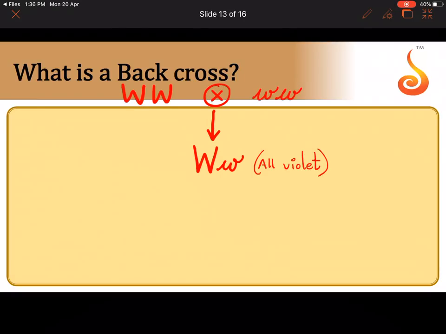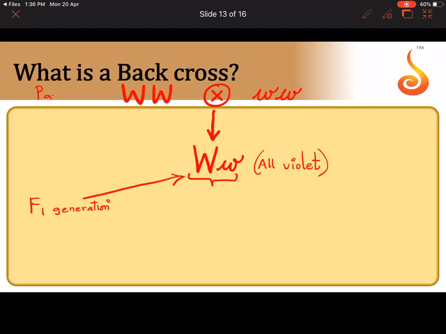Now a back cross is slightly different from a test cross, because in a back cross you can take this F1 plant. Remember, this plant is what generation? F1 generation. And these are parents.